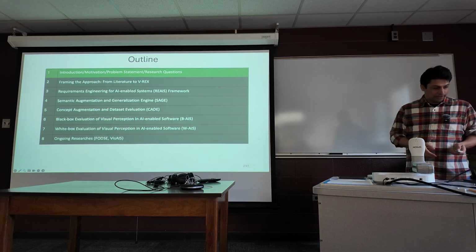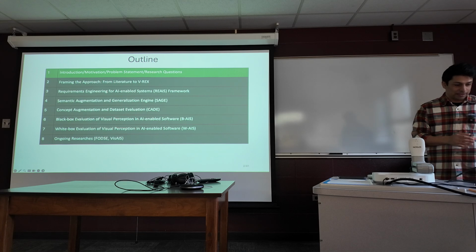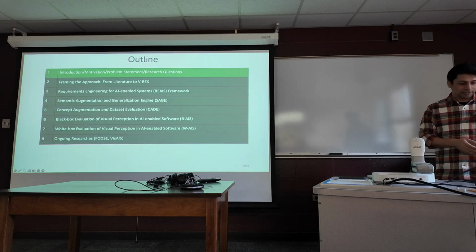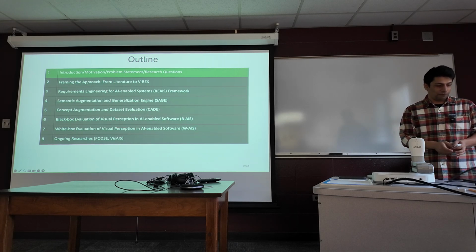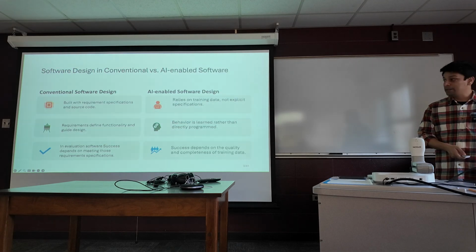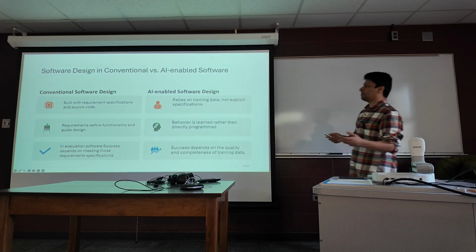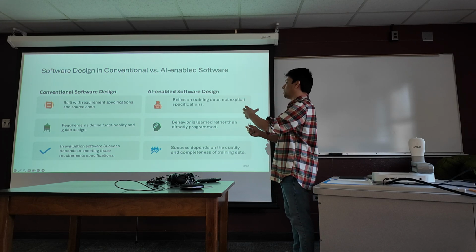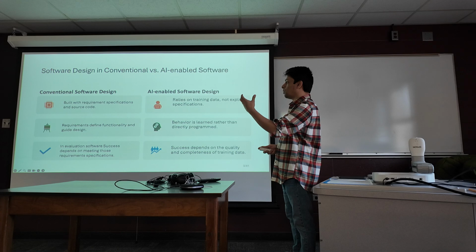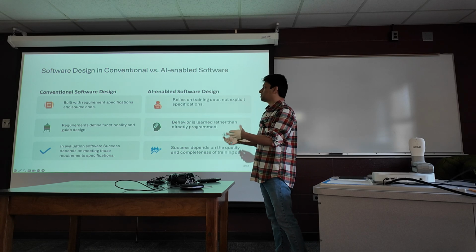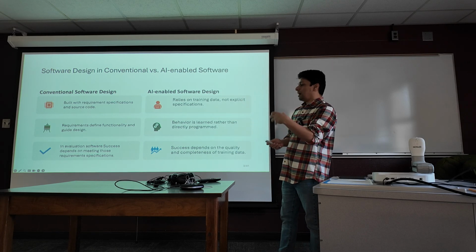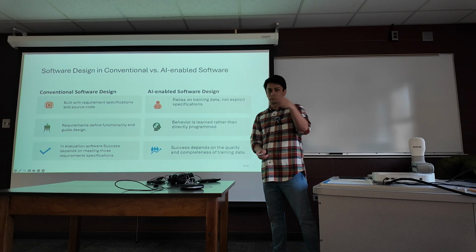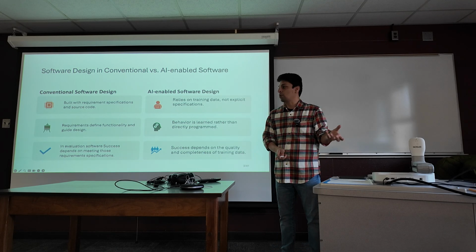Let's dive into the difference between software design in conventional software and AI-enabled software. Software design in conventional software follows the built-in requirement specification, and those specifications are mirrored into our source code.